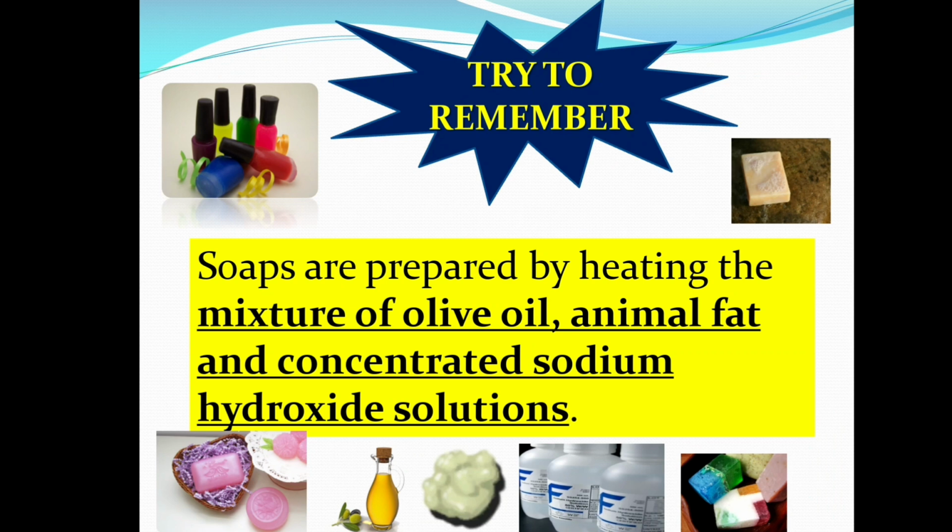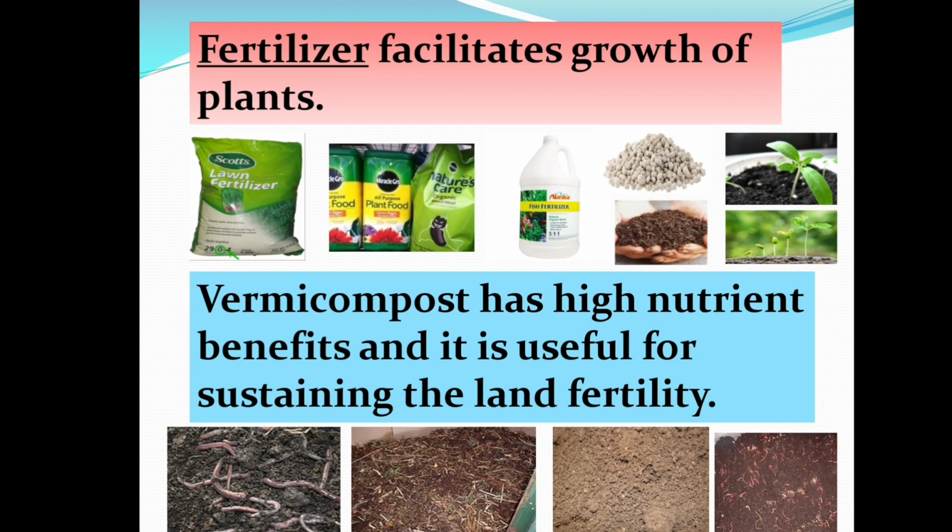Try to remember: soaps are prepared by heating a mixture of olive oil, animal fat, and concentrated sodium hydroxide solution. Fertilizers facilitate the growth of plants. Vermicompost has high nutrient benefits and is useful for sustaining land fertility.